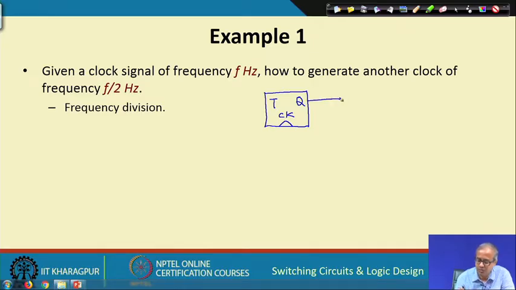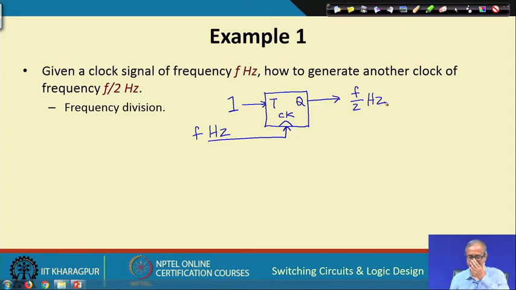What I do is apply a constant 1 on the T input, and in the clock input I apply that f hertz clock frequency. So, what I claim is that at the output, whatever will be generated will be an f by 2 hertz clock signal.